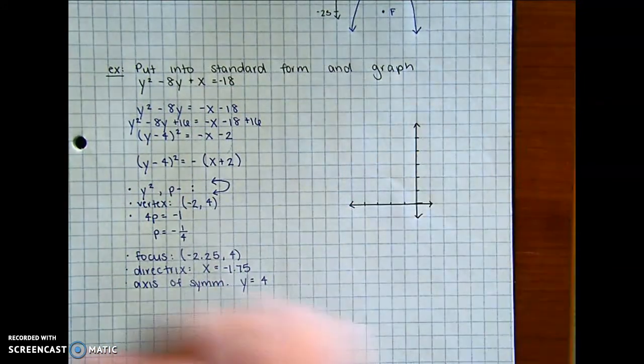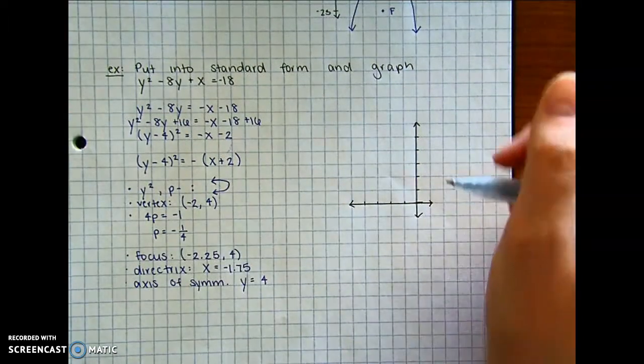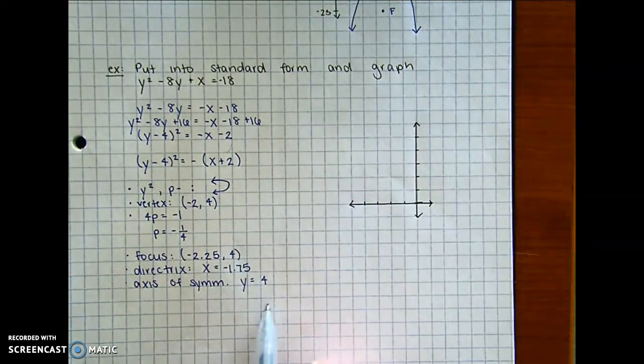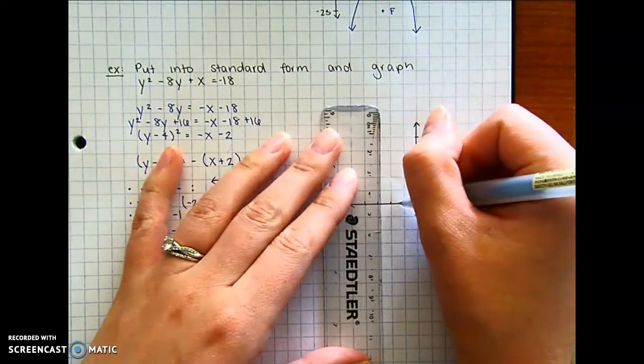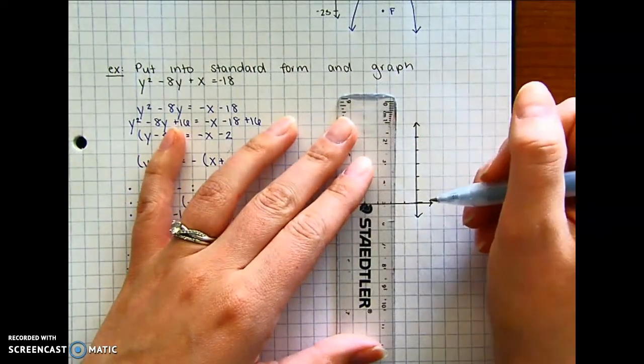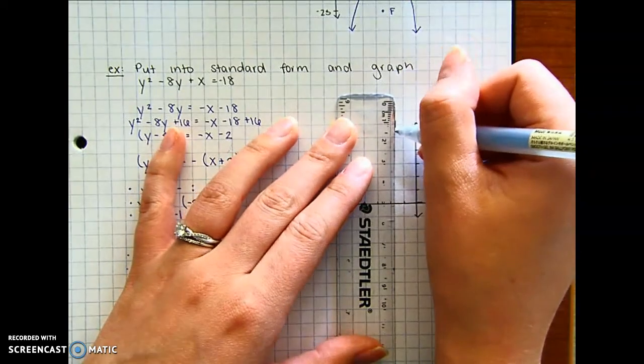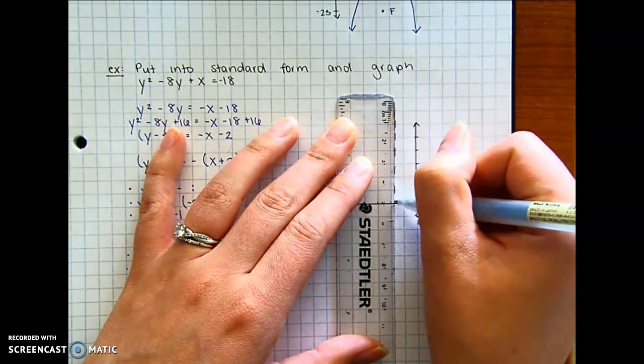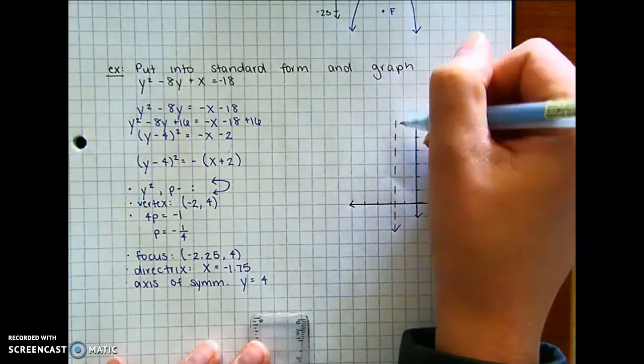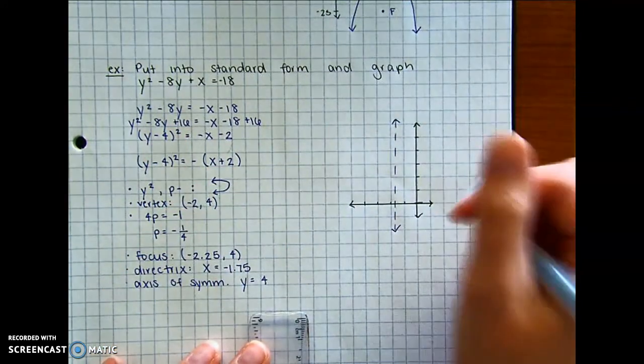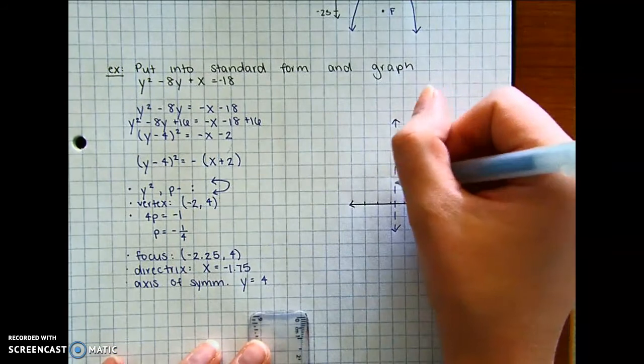Okay, so now I'm going to graph everything. So where's my directrix? Negative 1.75, so this is negative 1. About here, I guess. And then my vertex is at negative 2, positive 4.